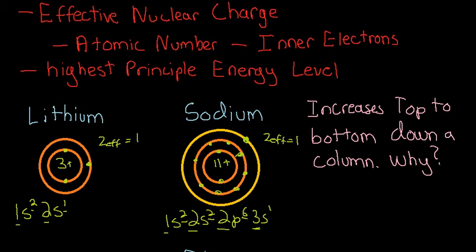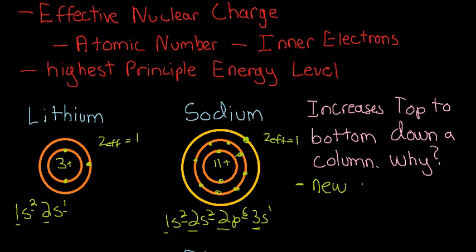Well, since the principal energy level corresponds to the average distance from the nucleus, the n equals 3 energy level would be further out than the n equals 2. So the valence electron in sodium is further than the valence electron in lithium, and that's what causes sodium to have a greater atomic radius than lithium, and explains the general increase as you go down a column within the periodic table.